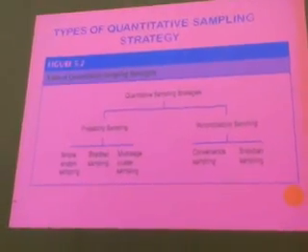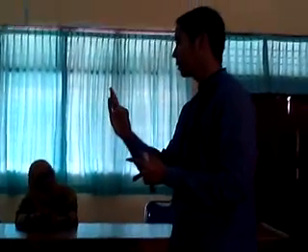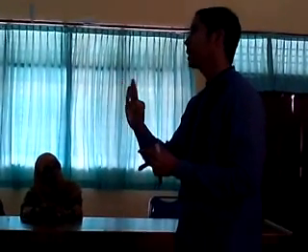There are two kinds: probability sampling and non-probability sampling. Probability sampling is divided into three parts: simple random sampling, stratified sampling, and multi-stage cluster sampling. And non-probability sampling is divided into two parts: convenience sampling and snowball sampling.